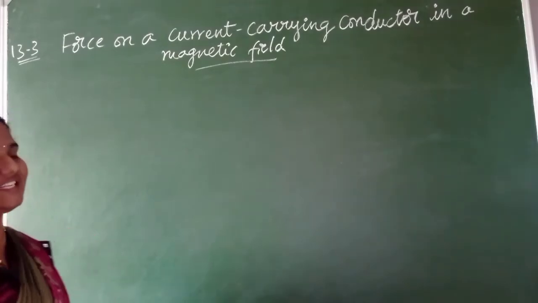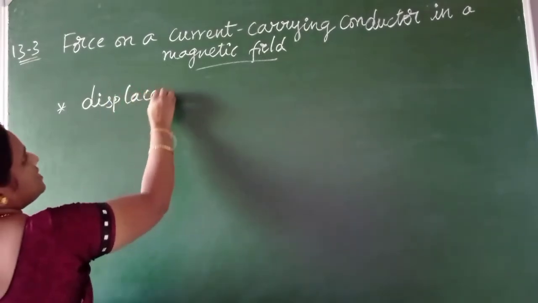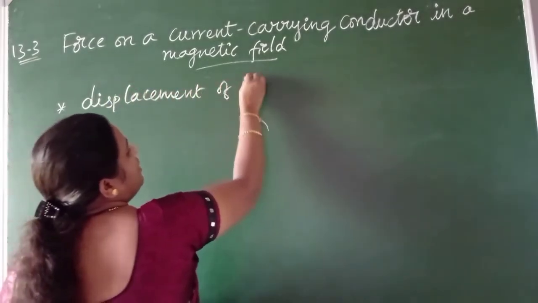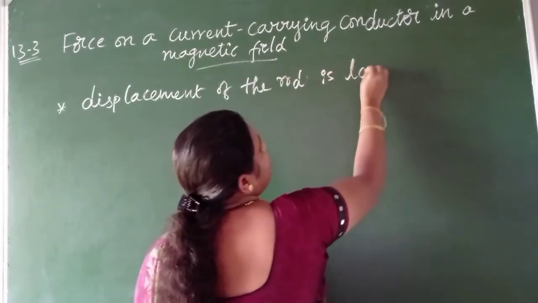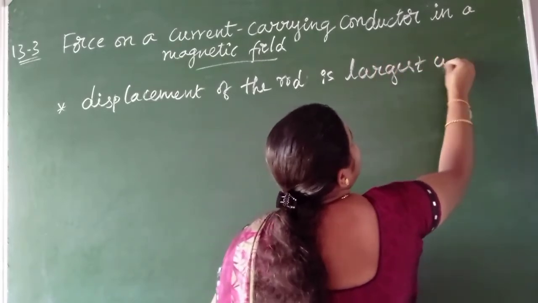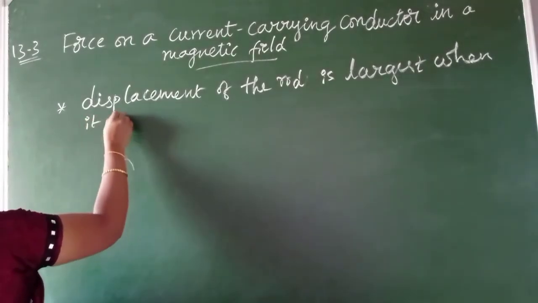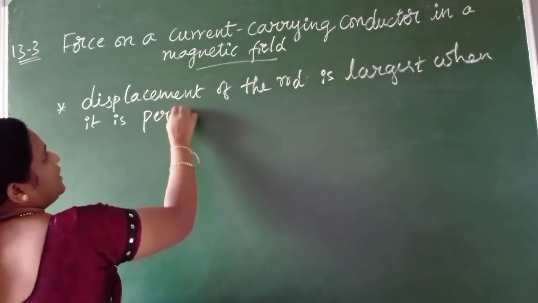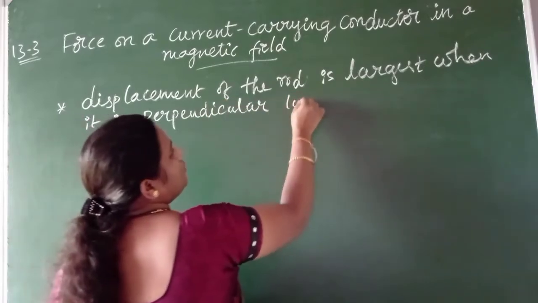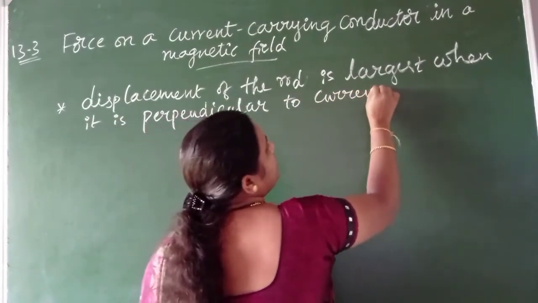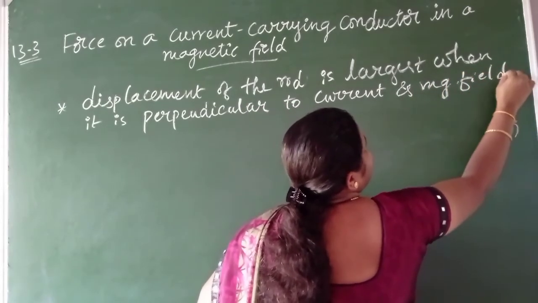So, children, we can say that the force produced on a current carrying conductor mainly depends upon two things. The displacement of the rod is largest when it is perpendicular to the current and magnetic field, isn't it, children?